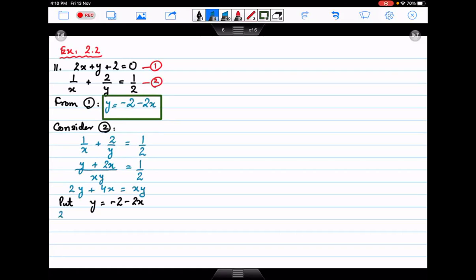So instead of y, I will write minus 2 minus 2x on the left side as well as on the right side. Now it becomes minus 4, minus 4x, plus 4x, minus 2x, and it becomes minus 2x squared. So now we can clearly see that 4x will be cancelled with 4x, it should become minus 4 is equals to minus 2x squared.